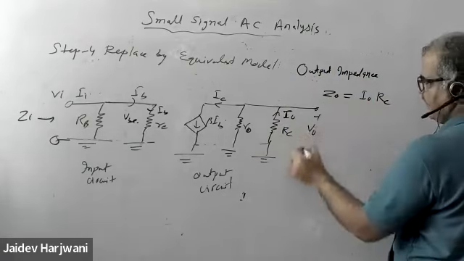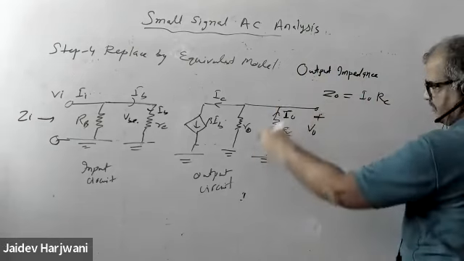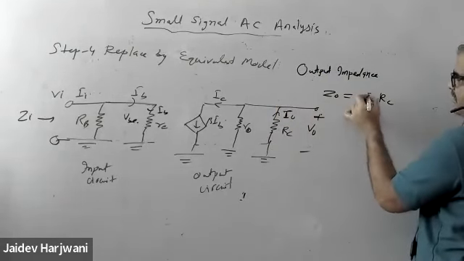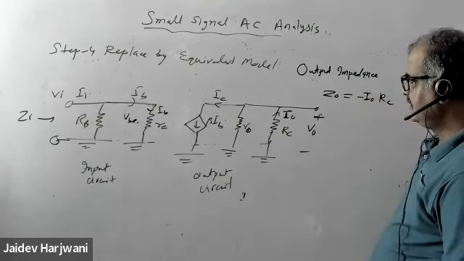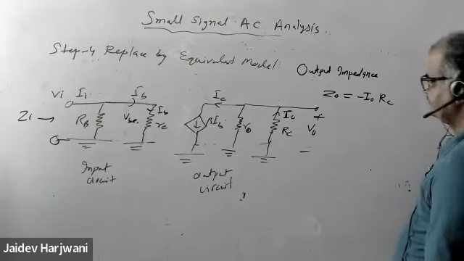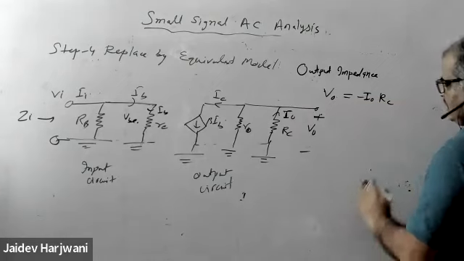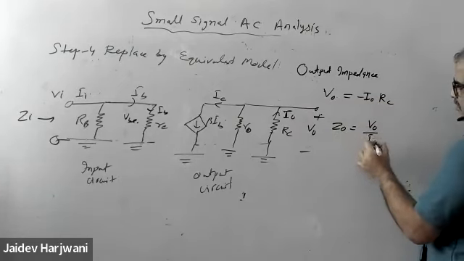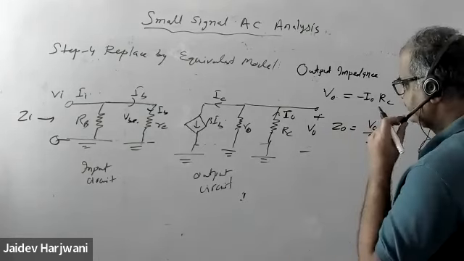I'm measuring the output like this, but this current is going opposite. Current should come down. So V naught equals to minus I naught RC. Now you want Z naught. Z naught is nothing but V naught upon I naught.